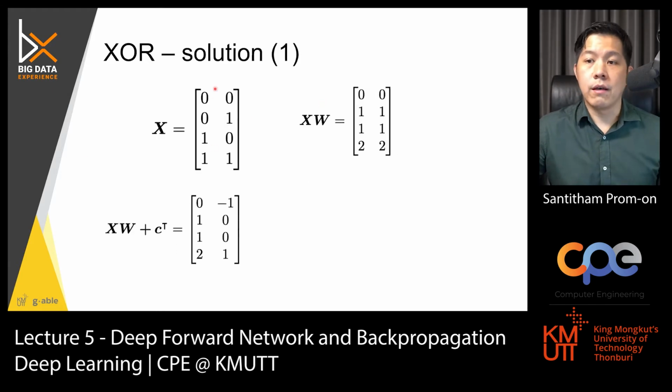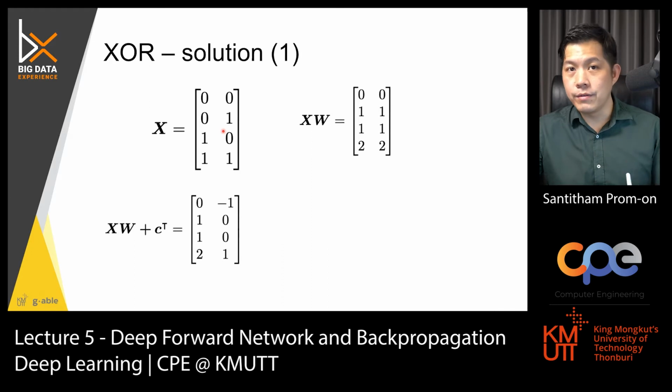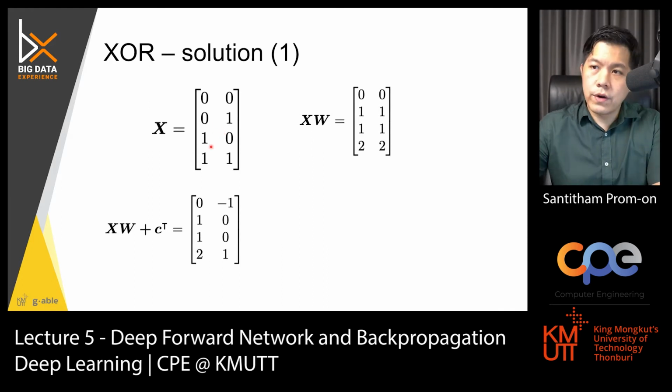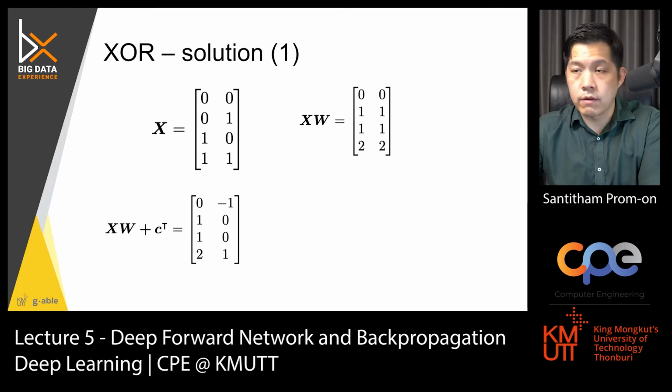Right? We have these values, and then we have a bunch of inputs here. Let's calculate this iteration by iteration. I should say, layer by layer. First, we have X here: 0 0, 0 1, 1 0, 1 1. You know the XOR function.